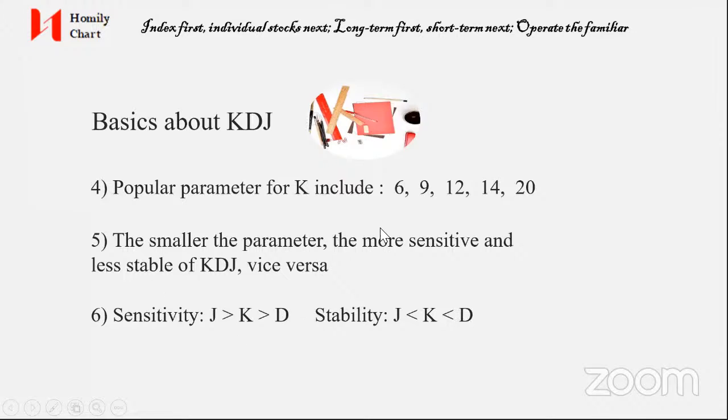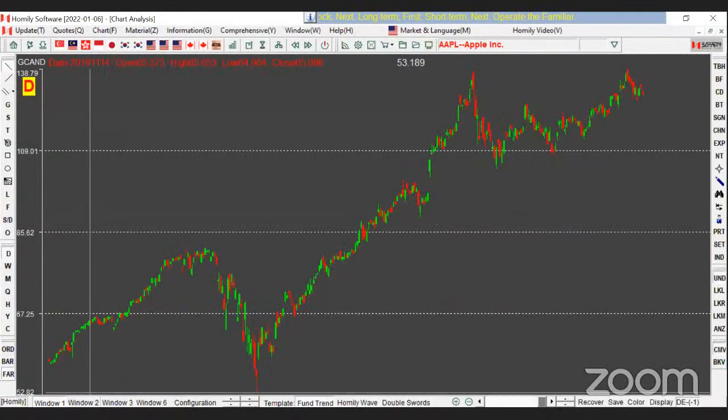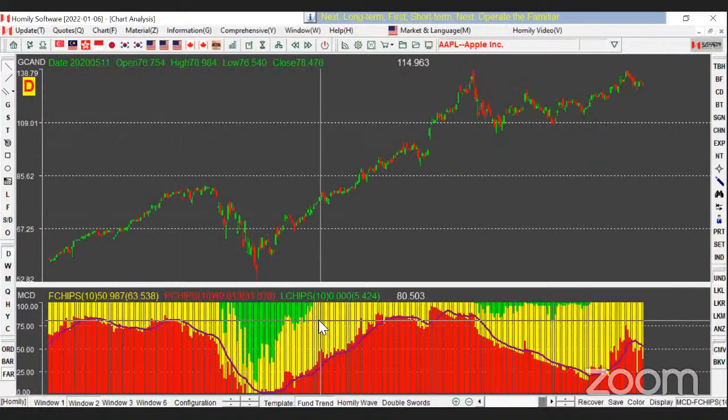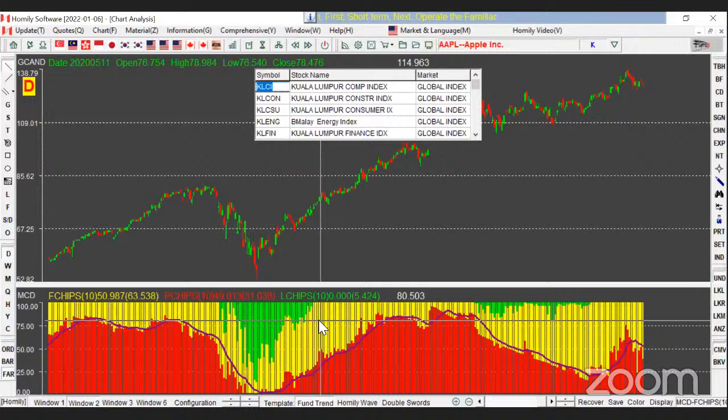Then the question is, in the Homely software, how do we set the parameter for KDJ? Because we know the parameter is very important. So how to set it? Let me switch to the software. Okay, so I changed the second window to KDJ.